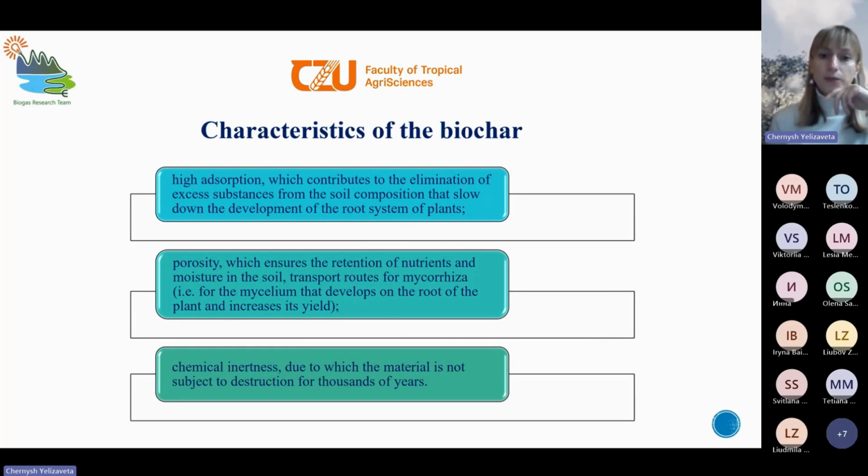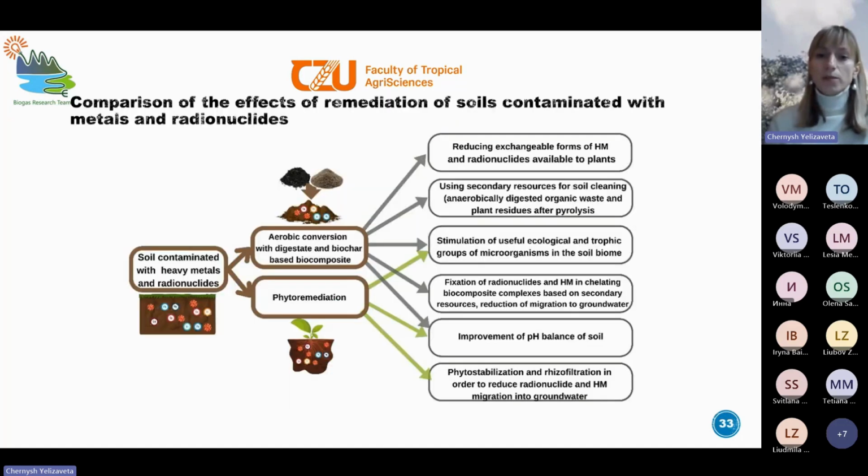It has high absorption, with contribution to elimination of excess substances from the soil composition, and it also slows down uptake by the root system of plants. It is useful for saturation of soil with nutrients. It is chemically inert, also a very natural material. So all these features can be useful in bioremediation processes.